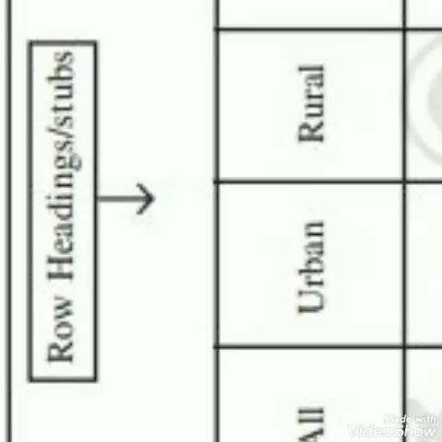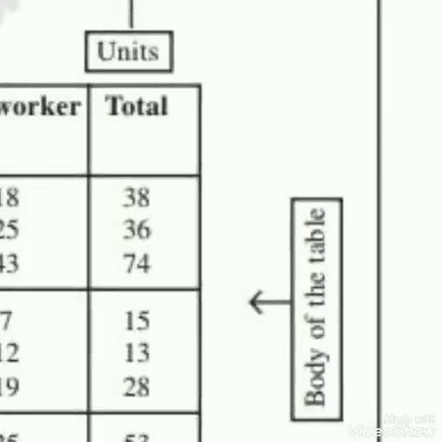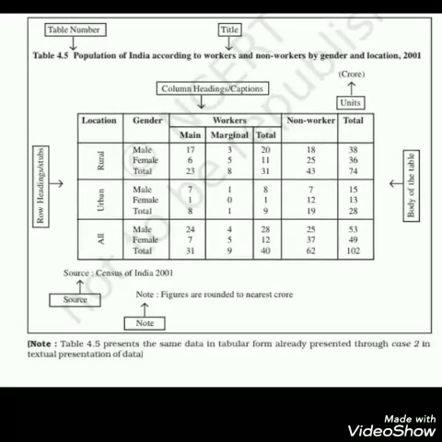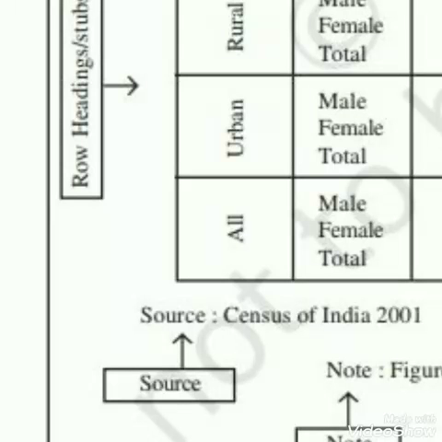After it, the next one is the body of the table. The body of the table is the combination of all the rows and columns, the main big box of the table. Then the source, meaning where we gather the information from. Here the information is from the Census of India 2001.